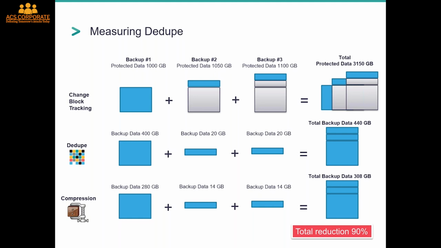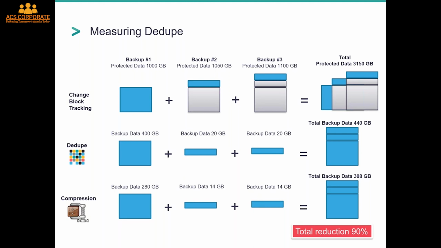Now, in terms of total recoverable size, that's 3,150 gigabytes, because I could do a full system recovery of that system or that data from any of those recovery points taken. So logically, we're protecting 3,150 gigabytes. Physically, we've backed up 1,100 gigabytes because they're the changes plus the base data.